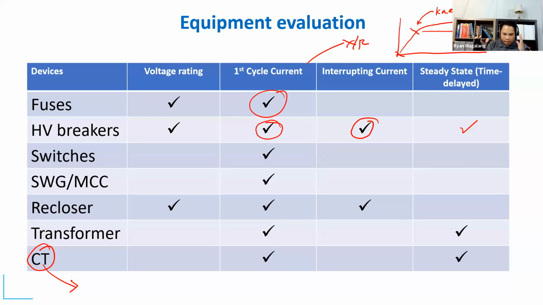So again, it's in that region where the asymmetry is the greatest, in the first cycle. During that cycle, your relays are trying to make the tripping decision, but could not because your CT is saturated. So that's why we're interested in sizing your CT based on the first cycle network.